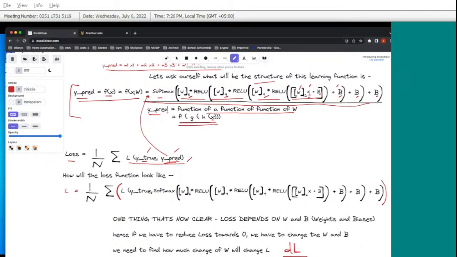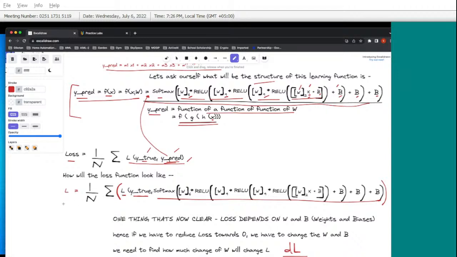I'm just trying to tell you that the mathematics of it looks like this, that actually everything is a function. So loss is nothing but this: the individual sample loss, where y true is given to you, and this is my y pred function. And this loss itself is also a differentiable function. Cross entropy is also a differentiable function.